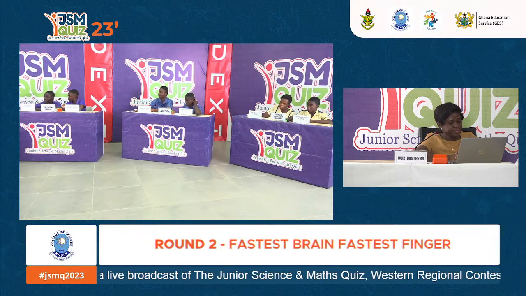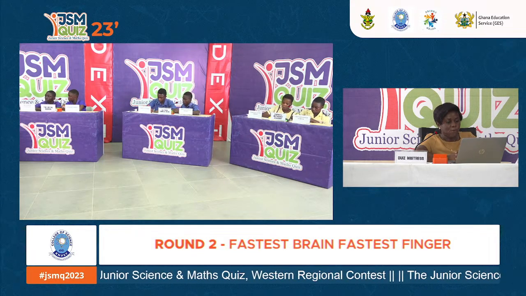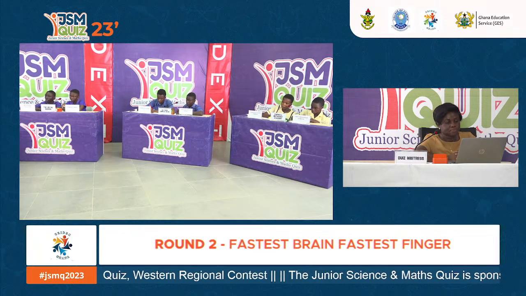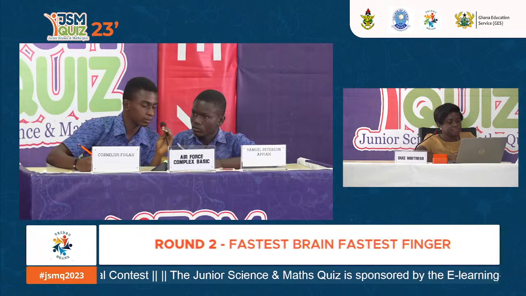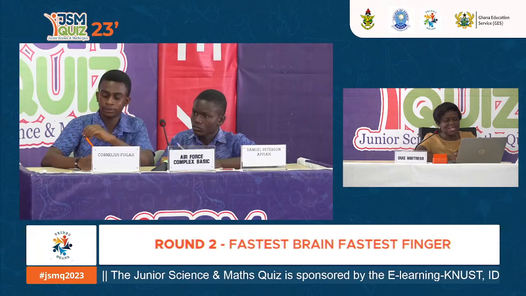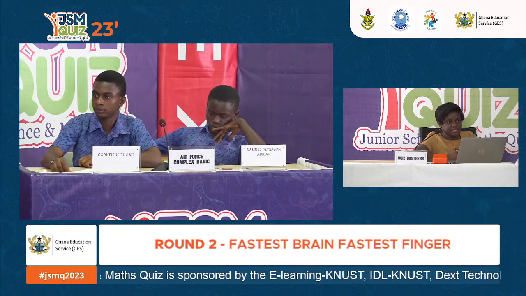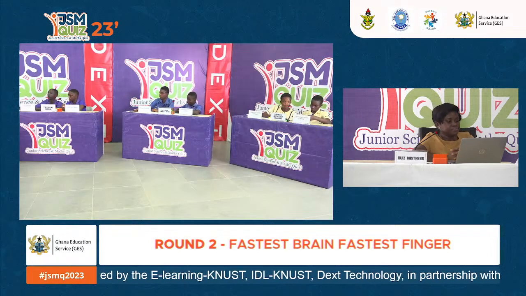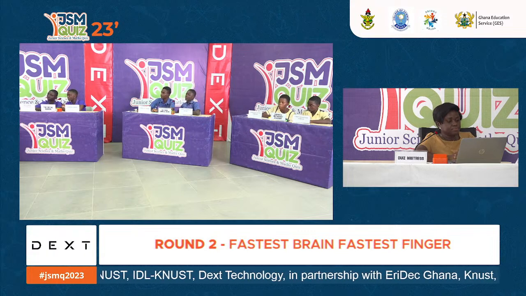What is the probability of obtaining 4 when a fair die is tossed once? 1 out of 6. That is correct. 1 out of 6. Good.